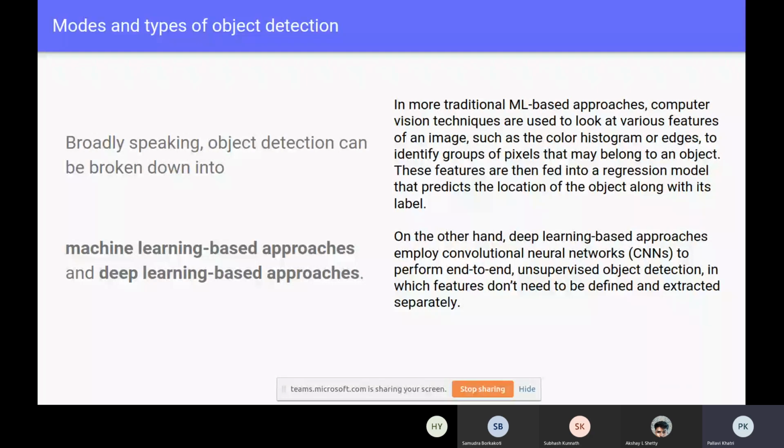Now, on the other hand, what is the deep learning based approach? This employs a convolutional neural network to perform end to end. In this, I won't specify that these are the features I need to find out. There are different layers of neurons, or I would say several blocks through which the input will be passed, and it will extract all the features out of it, and then there will be a classifier.